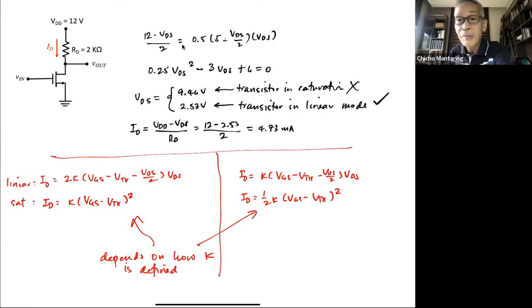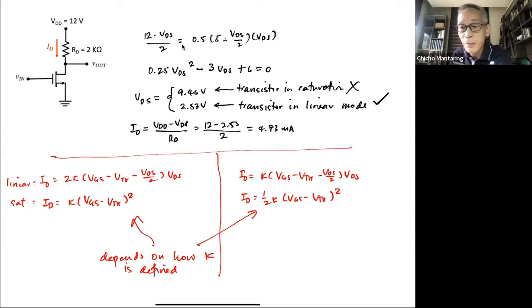I think, personally, that it is better to use this, because then your value of K, which is called the process transconductance, becomes directly proportional to the dimensions of the transistor. Anyway, it's something you're going to learn in your future courses, but sometimes there's some confusion there.